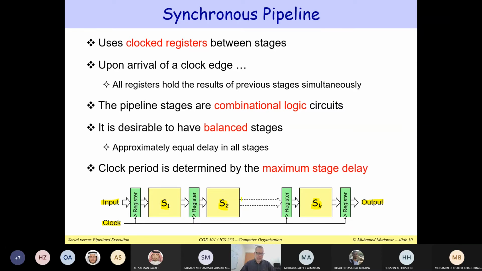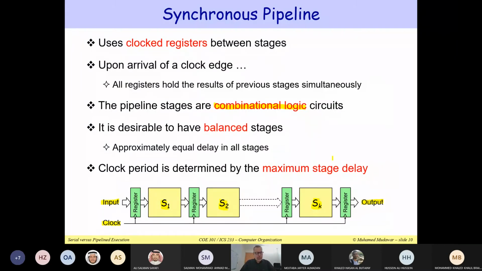The output of stage 2 will also be stored in the next register, and so on. The output of the last stage will be stored in the last register. All of them update at the same moment in time, at the same edge of the clock. These stages are nothing but combinational logic, and in between we put registers that store the results of these combinational logic circuits.